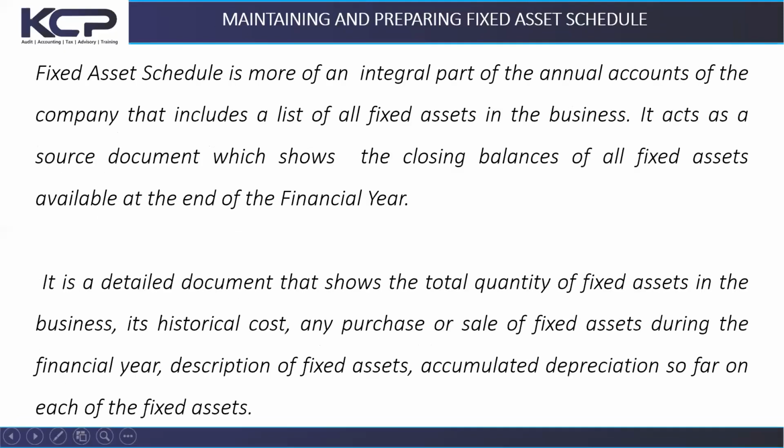We can go on. Fixed asset schedule, that is the next one now, which we said in specific terms is different from the fixed asset register. The fixed asset register is just like a memorandum book that shows the details of the asset, location, cost, numbers, and all that. But in the fixed asset schedule, you won't have details like how many items of PPE are included in the total cost of the PPE.